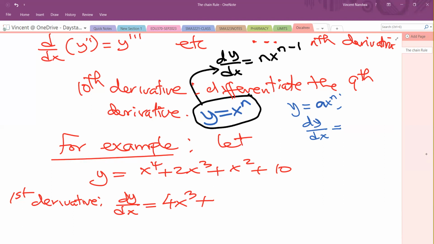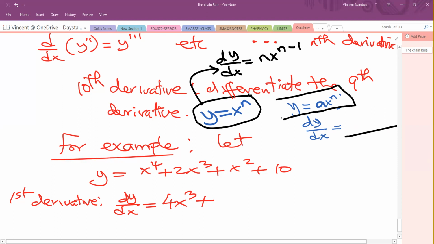And then this alone will be this one now. What I asked initially: if I have a x power n, what is dy dx? Nx. So n x power negative 1.